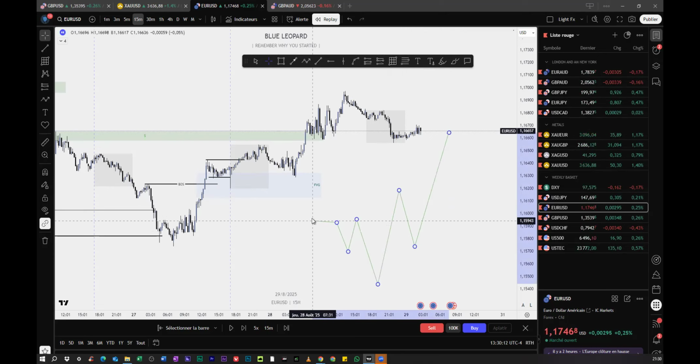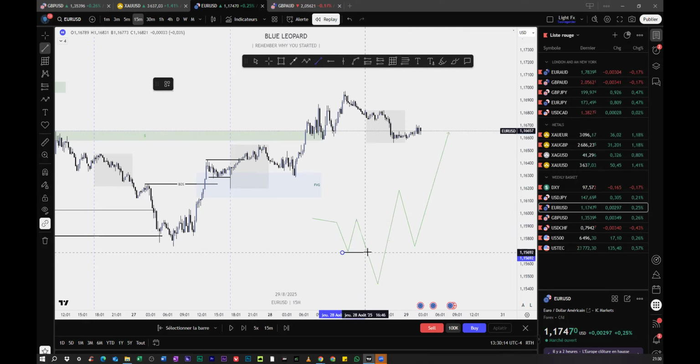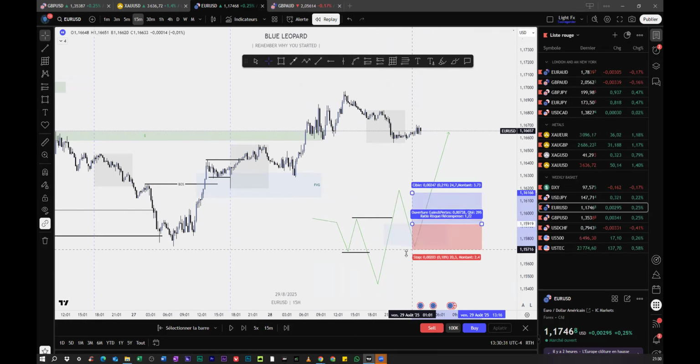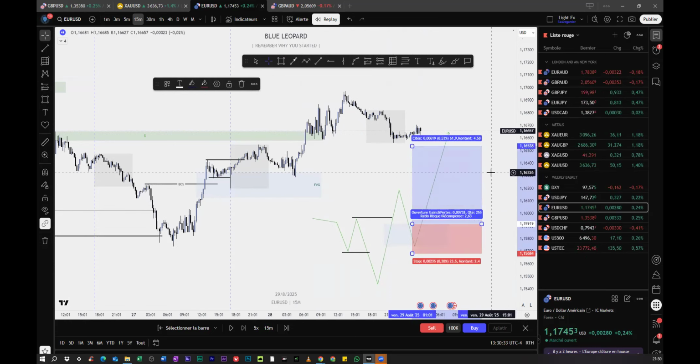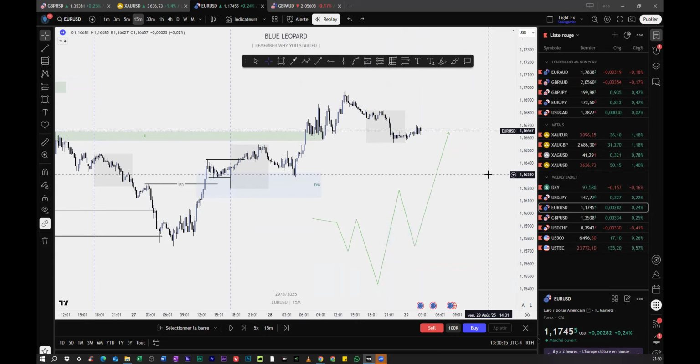Price could do whatever it wants here, but as soon as you see a break here, and then you see a break here, price will come back inside of a fair value gap, and that's where you take your entry. You take your position and you target up here. That's how you're supposed to do it.